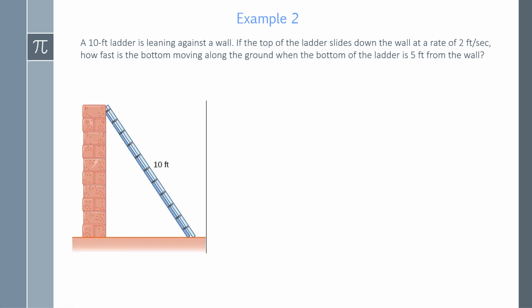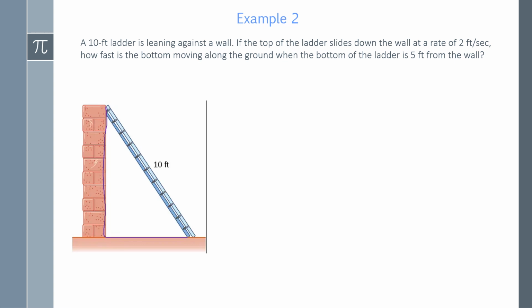We have this ladder that's 10 feet long, and we notice that we have a right triangle formed by this horizontal side right here, this vertical side, and the ladder itself. Okay, so that should give you an idea what kind of relationship we will be discussing for this problem.